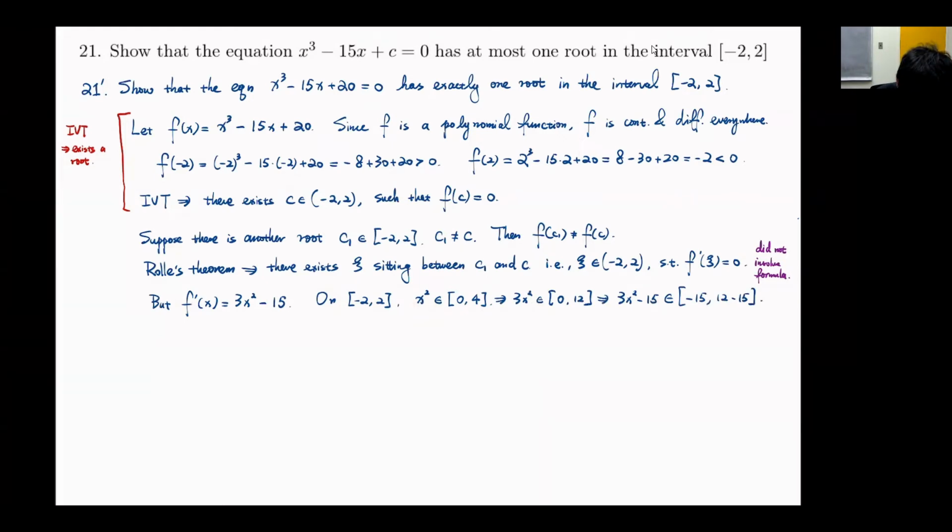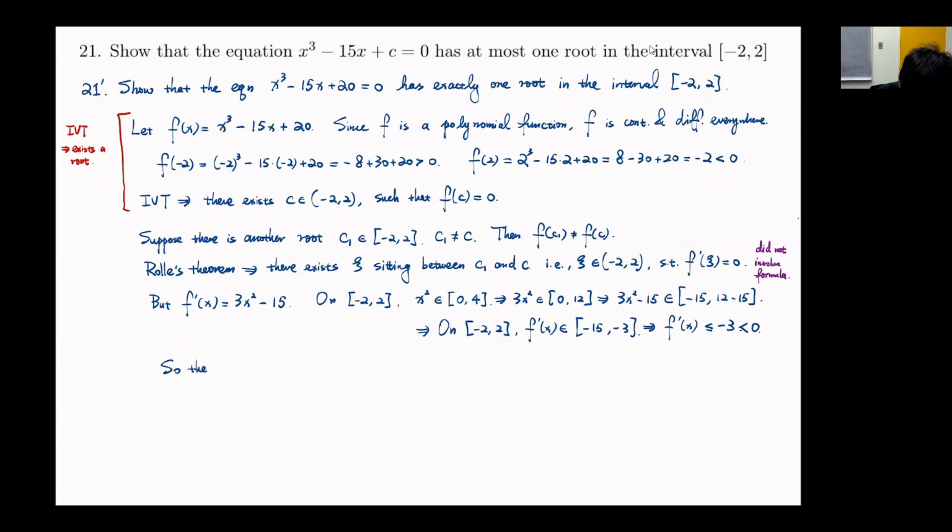So this will tell me that on the interval -2 and 2, f prime of x will be sitting between -15 and -3. And in particular, my f prime of x will be less than or equal to -3. So the largest possible value of f prime of x will be -3, and this is strictly less than 0. So what does that tell me?